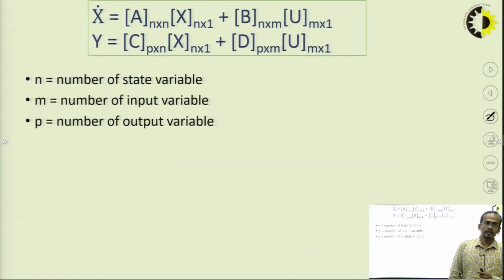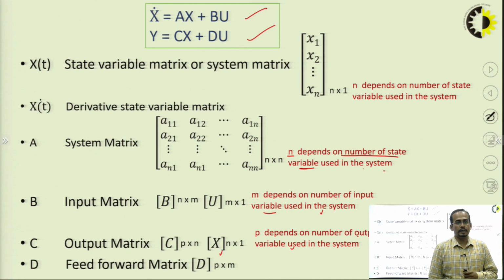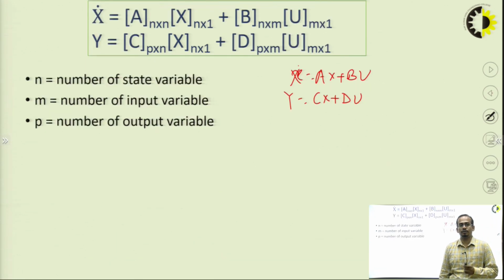Now you can write like this: we have already seen that x dot is equal to ax plus bu, y is equal to cx plus du. You have already seen that A is the system matrix of n cross n size, B is the input matrix of n cross m size, C is the output matrix of p cross n size, and D is the feed forward matrix of p cross m size.